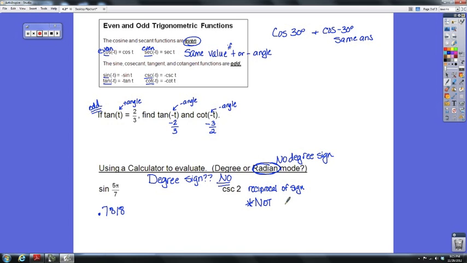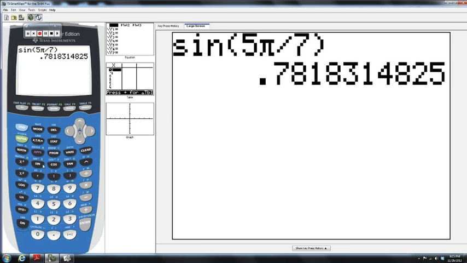You do not do the sine to the -1, the blue button, that you did in geometry. This is for finding angles. We'll use that some more later, but that's not what you do right now. This sine to the little -1 button, that's not what you use here. That's only for finding angles.